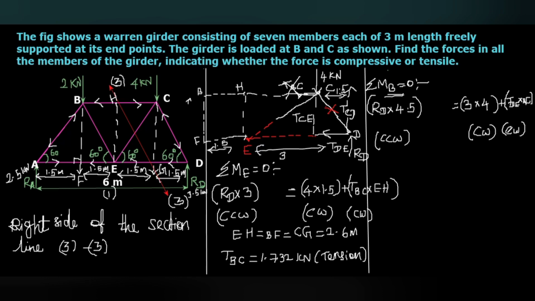That is also clockwise. So if you substitute the value, this clockwise, we have 17.25. This is the moment. But the left side, we got only 15.75.